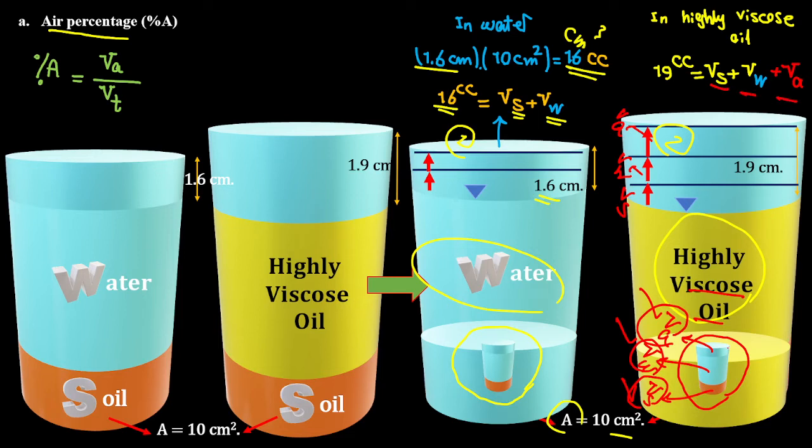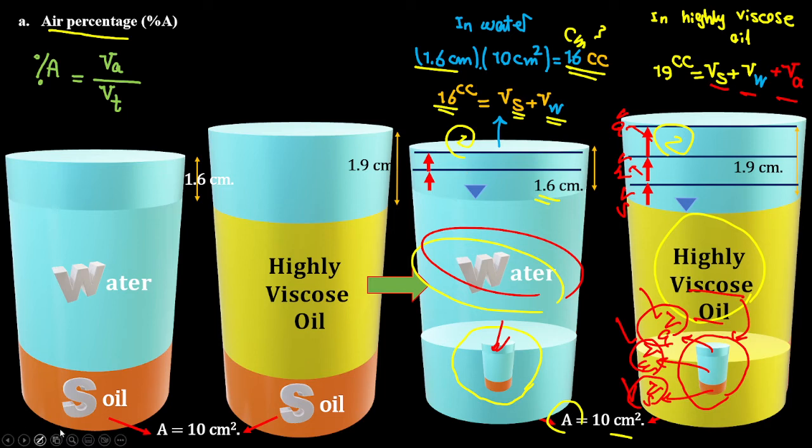That's the keynote of the problem. In scenario one, which we have water, water will fill the air part of the sample, but in the second condition, water or oil cannot fill that part because it develops a protection layer or isolation layer all around the sample.